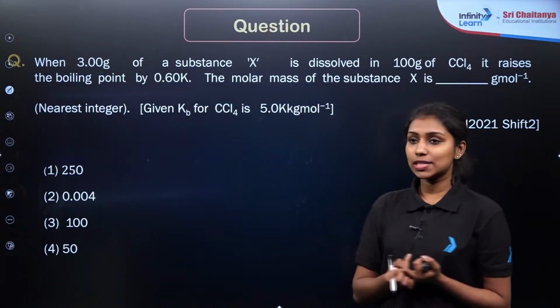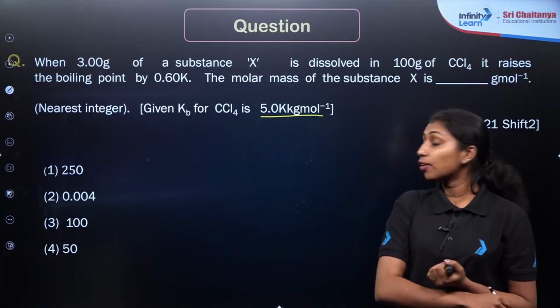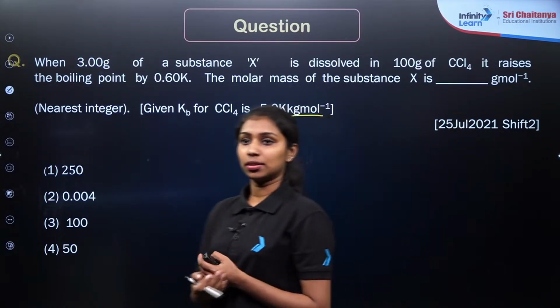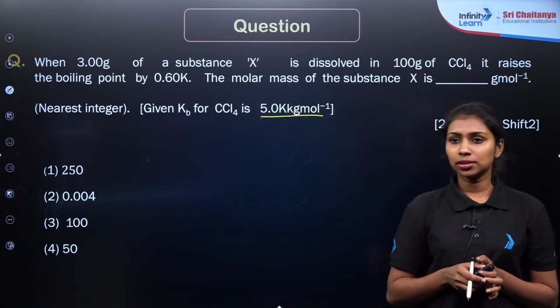What is the answer for this question? The Kb value of CCl4 is already given as 5 Kelvin kilogram mole inverse. This is a simple question based on the delta Tb calculation.